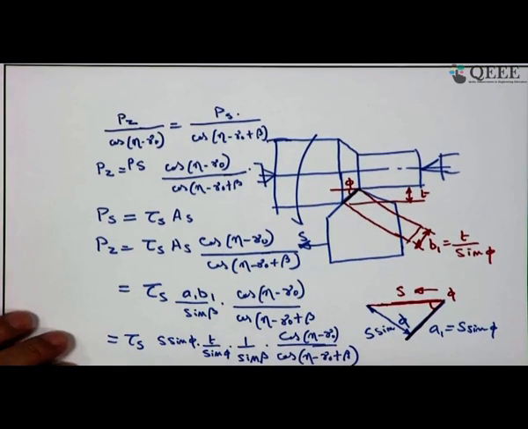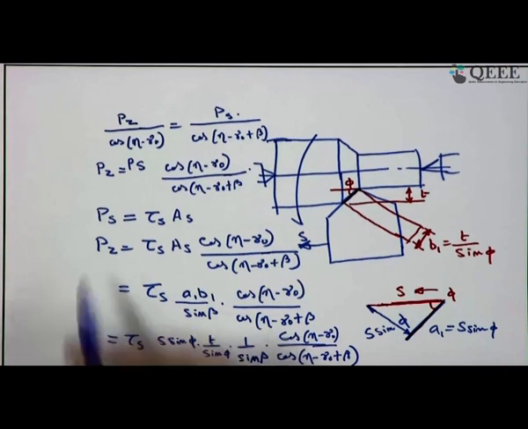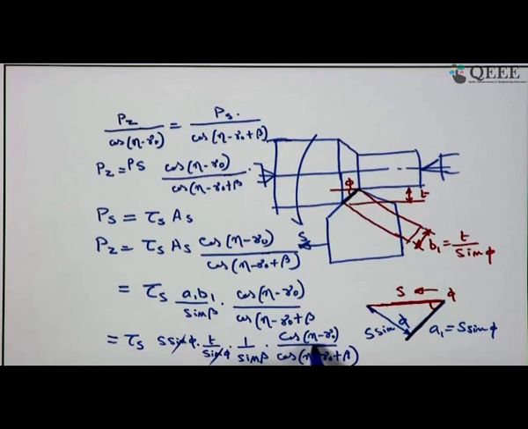So, from this we get finally that P z is equal to tau s into S and T. This sin phi cancels out, and we are left with cos of eta minus gamma o divided by sin beta into cos of eta minus gamma O plus beta.